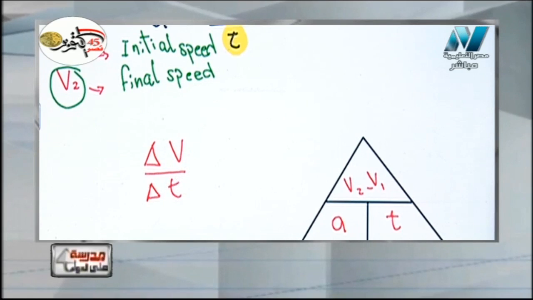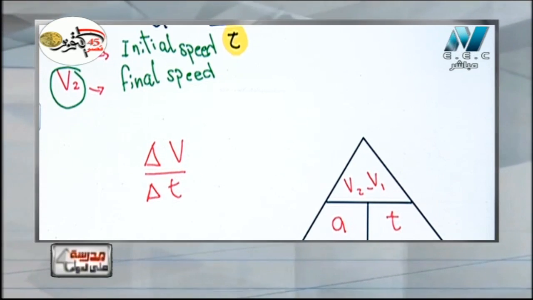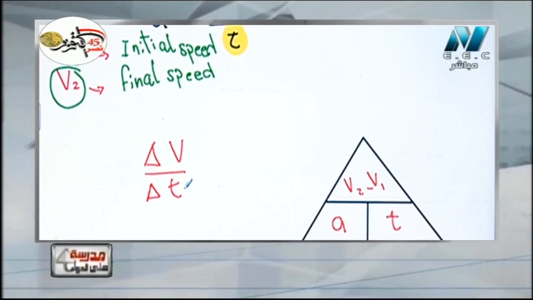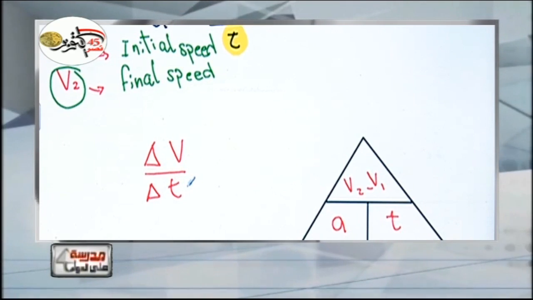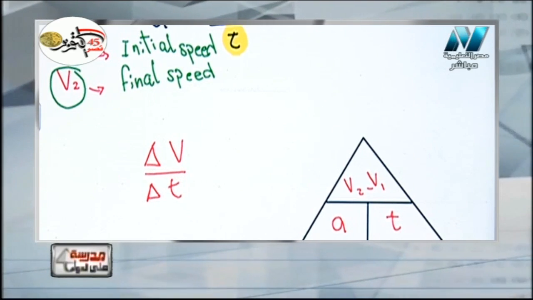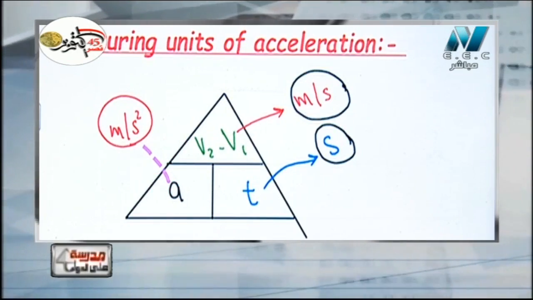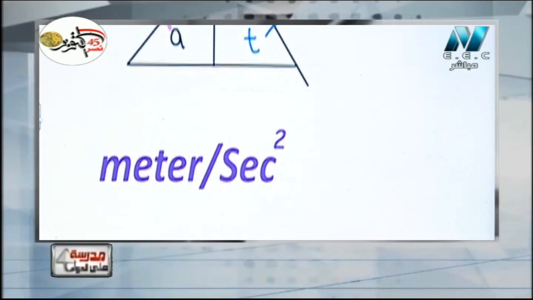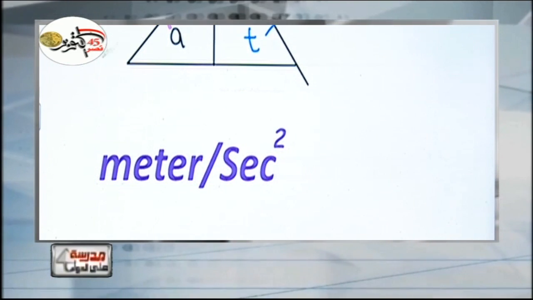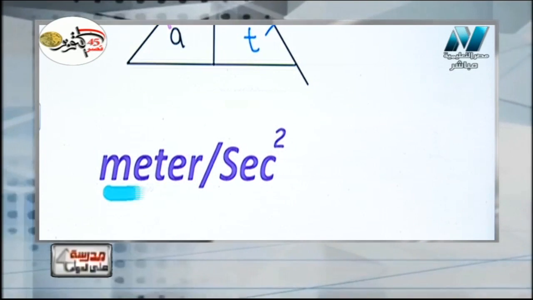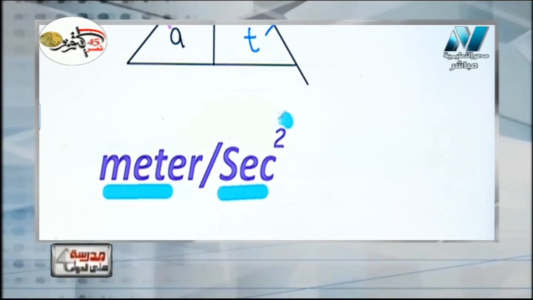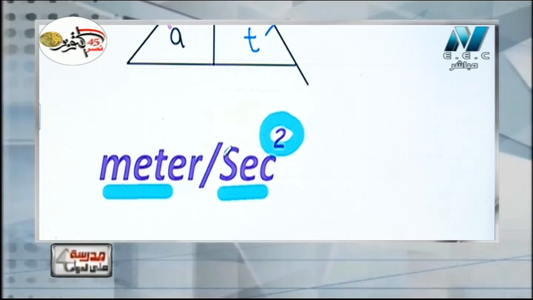Delta V means subtraction of two speeds, and delta T means the difference of two times as time passes. So now we know the mathematical law and the measuring units of acceleration: meter per second squared.